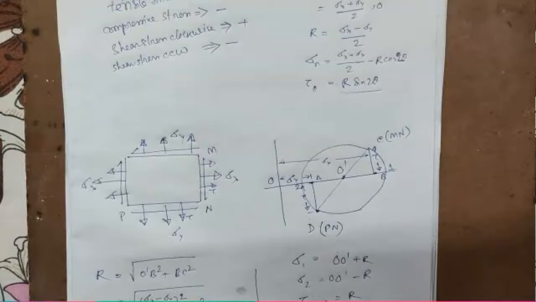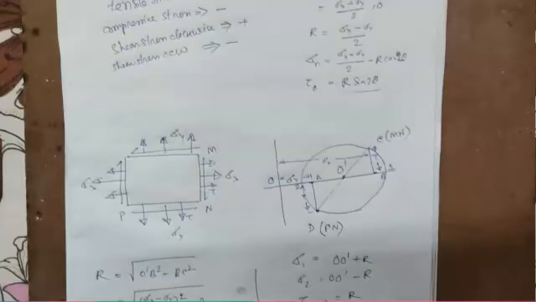So if at MN plane there is a clockwise shear stress present, then on a PN plane there must be another shear stress of equal value but in opposite direction. In MN there was clockwise, so at PN there will be counterclockwise shear stress of same value.